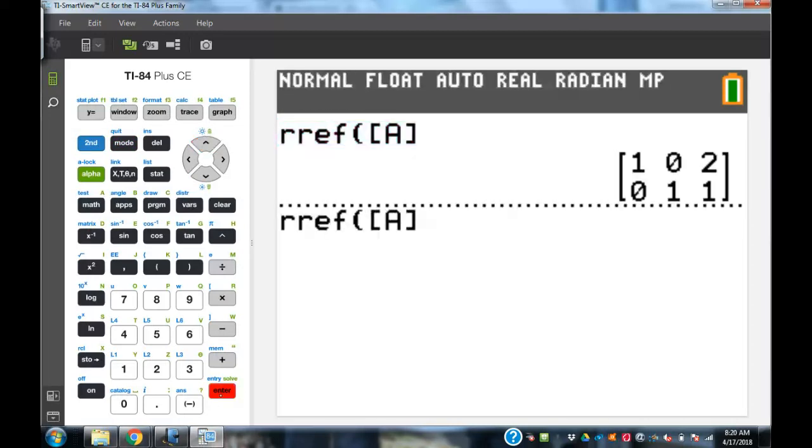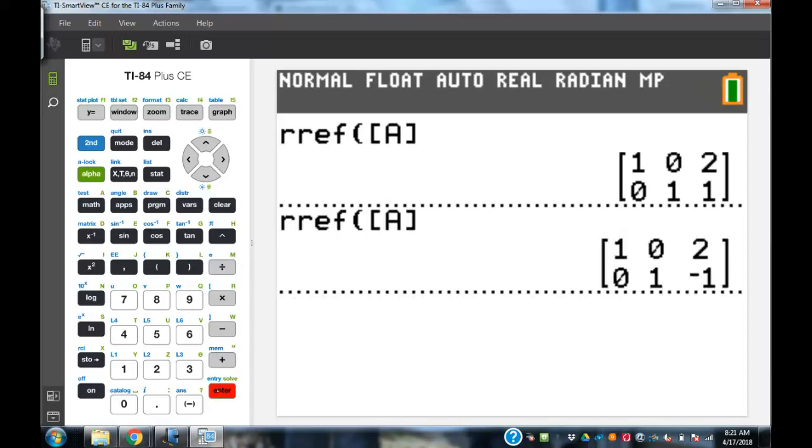Now, this A is the new one that I put in. So this is like a new command. It's going to say, oh, use the A that you got in there now. It doesn't remember what the other one was. So that's maybe a quicker way to get it to do the RREF for you instead of hitting second matrix and going over and get, if you're doing a lot of these in a row.